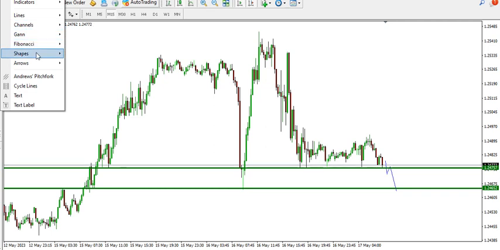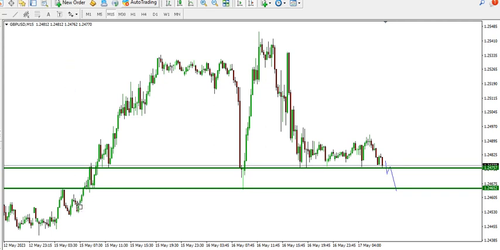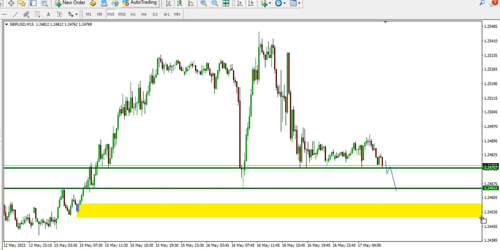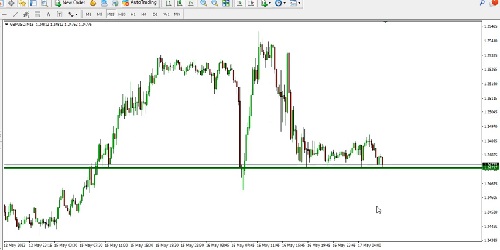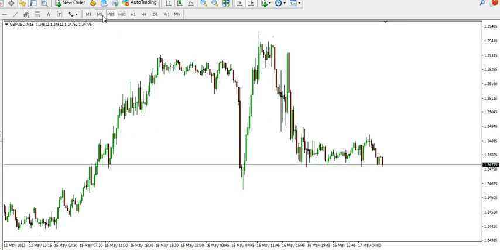The order block is at 1.24530. Price will get to that zone and break it and possibly move downward. So you might look for selling opportunities on GBPUSD on the 15 minutes time frame.